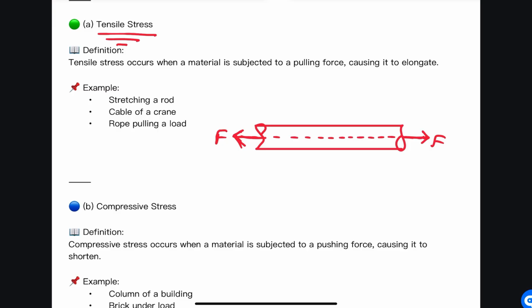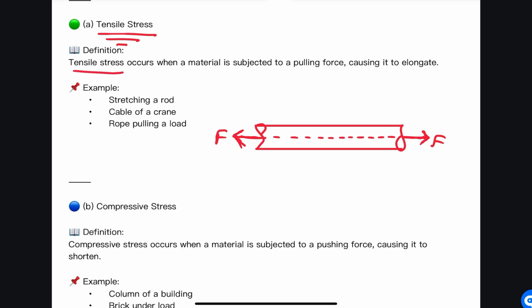This type of pulling force is considered tensile. The stress generated due to this type of force is the tensile stress.